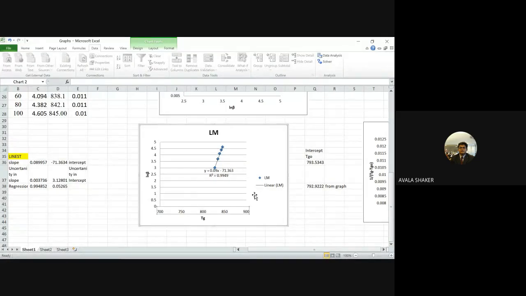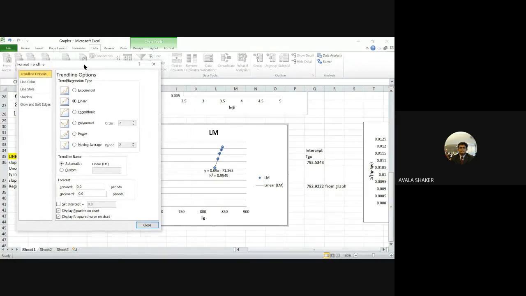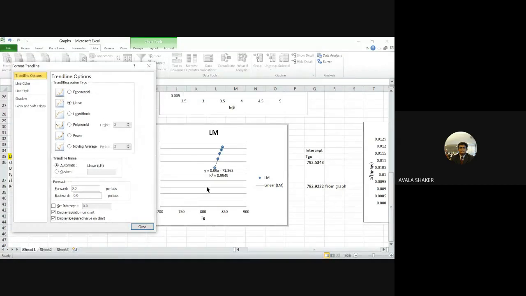Now I need this intercept here. One way of looking at that would be to select the line, format the trend line. What you want is basically a forecast, forward or backward, and how many periods.